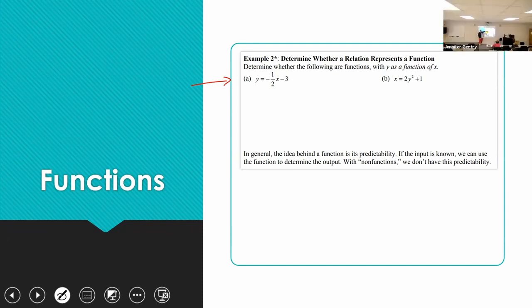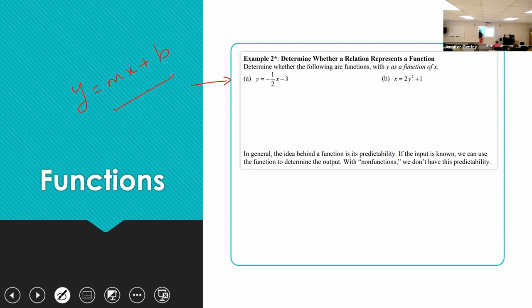What equation does that look like? y equals mx plus b. Sure. That is the equation of a line, right? A line is a function. Right? Make sense? Okay.